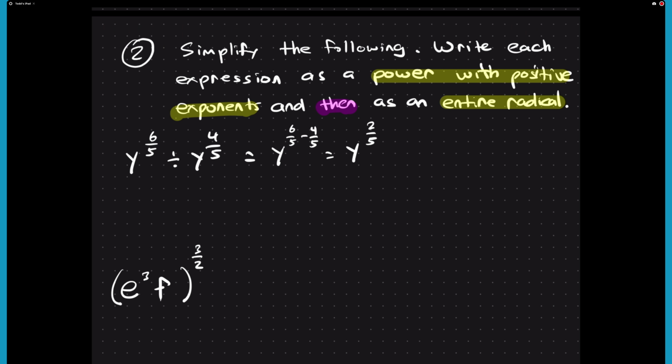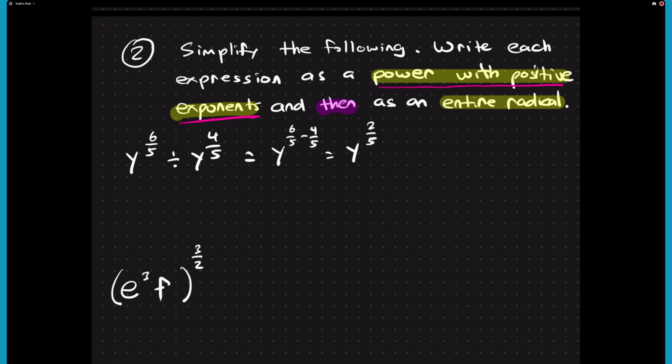So this now satisfies this first part, which is a power with a positive exponent. So we've got y raised to the power of 2 over 5, and the 2 over 5 is positive.